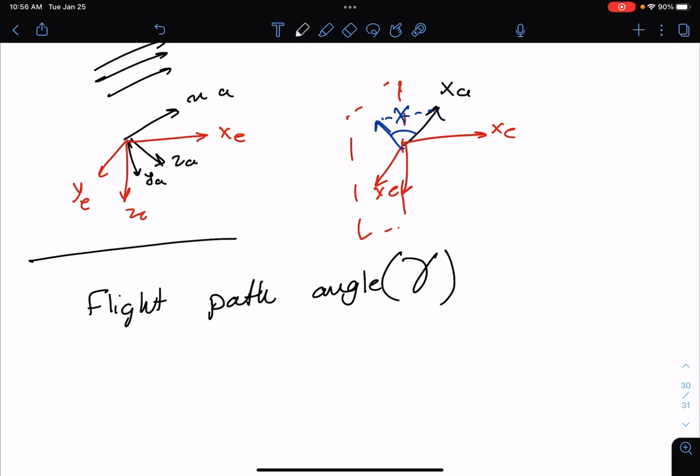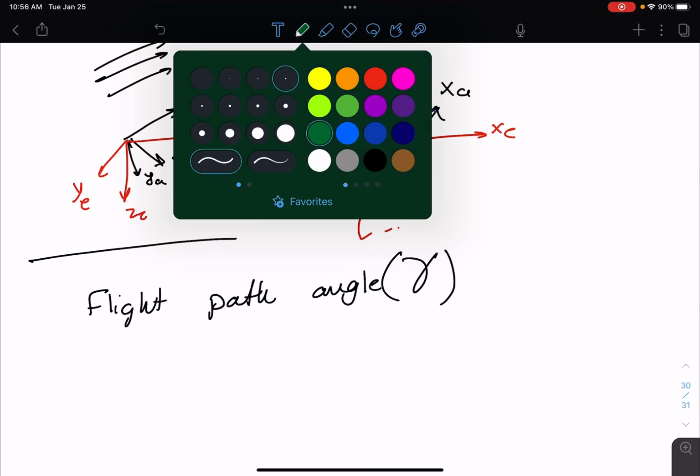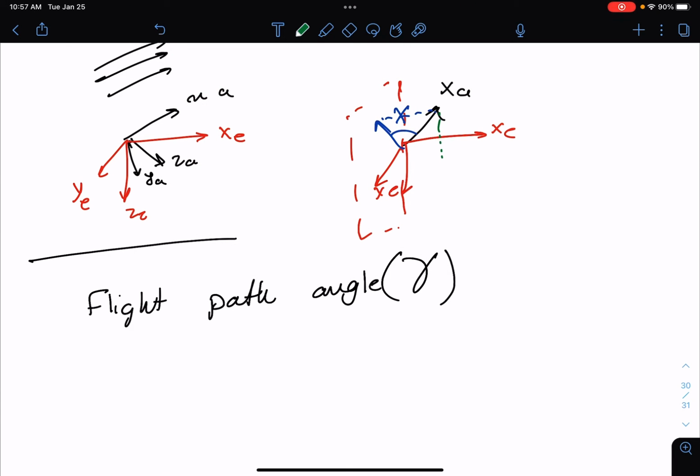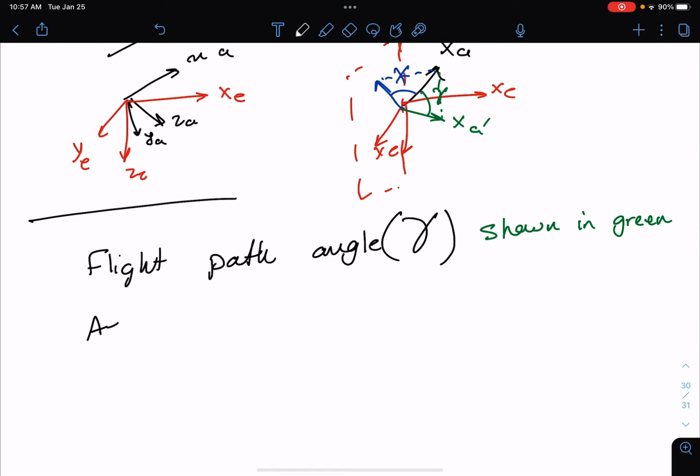It's going to be the angle between the projection of XA on XE-YE, so you project it on the XE-YE plane, and then the angle between the projection and the axis itself is the flight path angle, shown in green. Next one is the aerodynamic angle of roll.